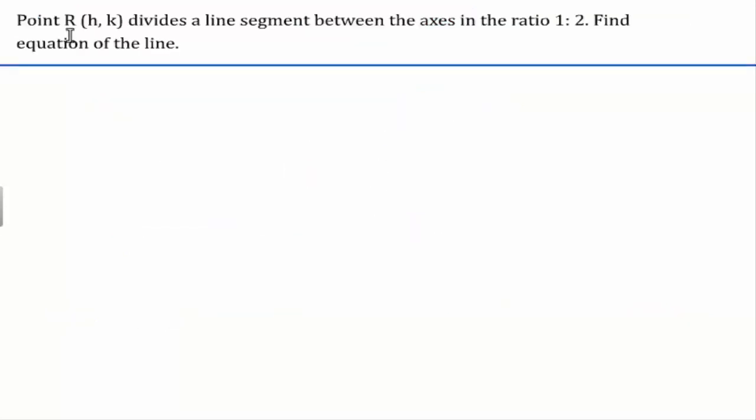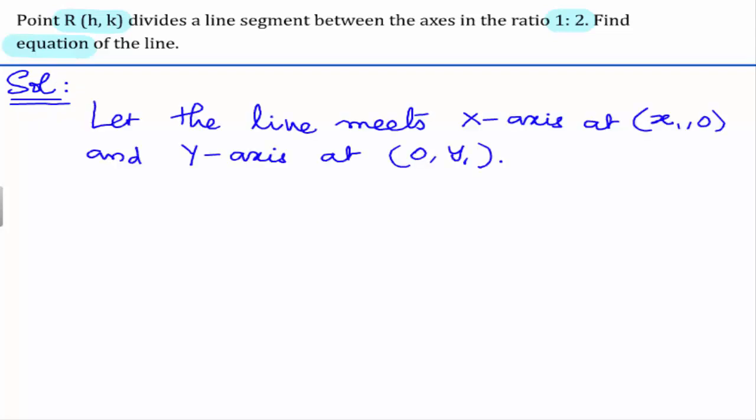In this question, a point R h, k divides a line segment between the axes in the ratio 1:2. Find the equation of the line. Let us see the solution for this. Now let us assume that the line meets the x-axis at x1, 0 and the y-axis at 0, y1.